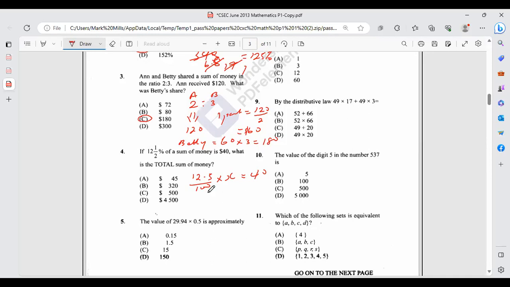Anybody want to try? How do I transpose and make X the subject?